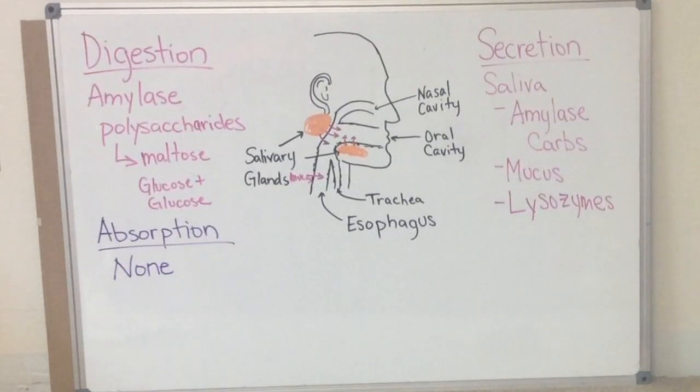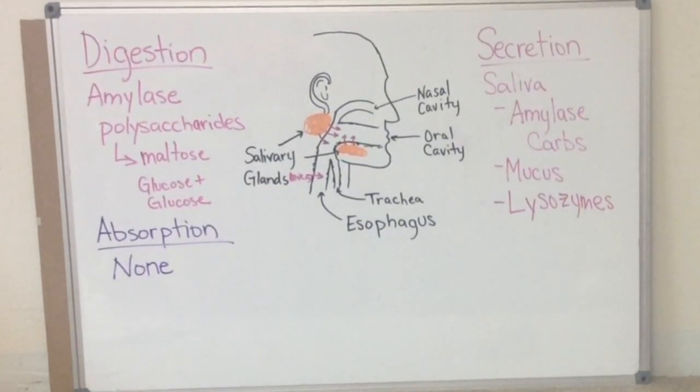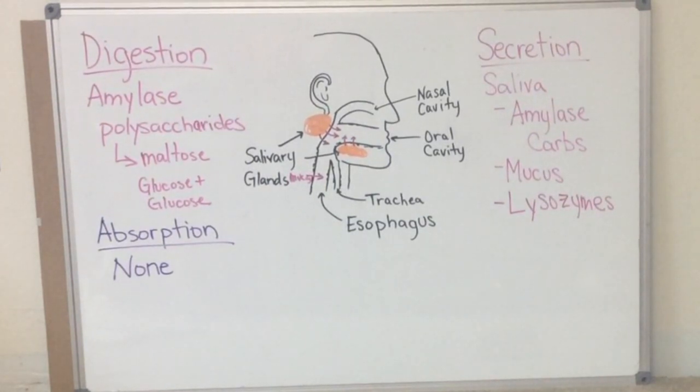Amylase, released in the saliva, starts to break down polysaccharides into maltose, which is a glucose-glucose disaccharide. Other than this, no digestion begins in the oral cavity. Absorption does not occur within the oral cavity for any nutrients.